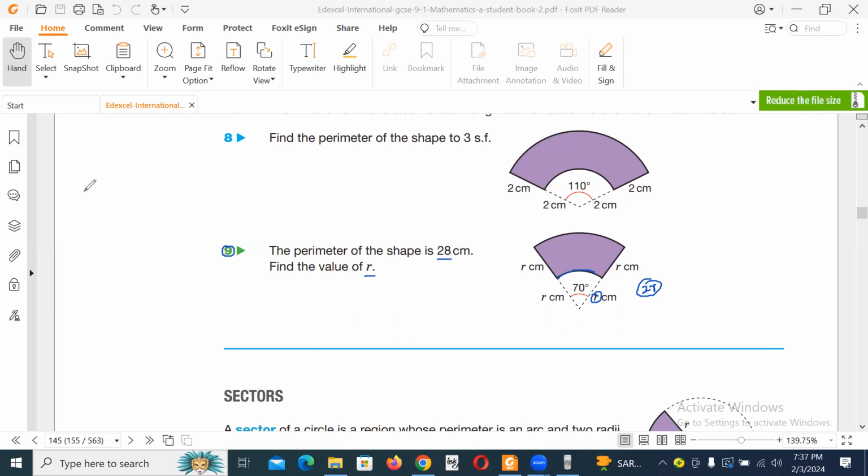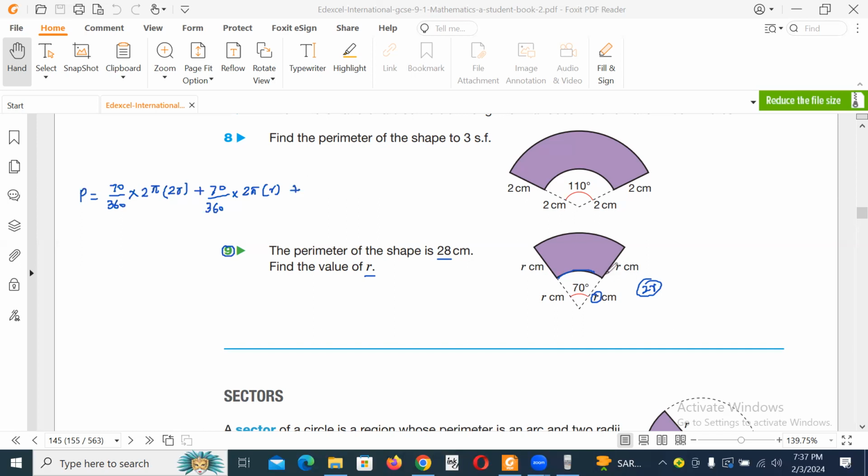So we can make the formula: perimeter is equal to 70 over 360 multiplied by 2 pi r. So for the bigger arc length, we have 2r in general, and plus the arc length of the smaller or minor part, 70 over 360 2 pi r. It is exactly r.